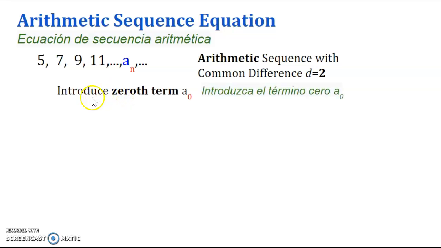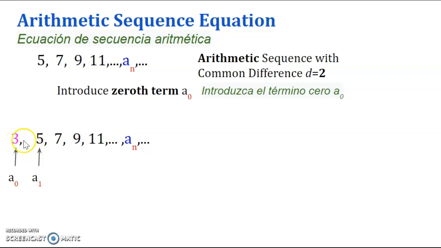Then you introduce the zeroth term. What is a zeroth term? Well, we know that this is the original sequence, and we know that 5 is the first term and 7 is the second term, or a sub 2. So the zeroth term is going to be the term before the first term, whatever the number would be if there was one before 5.